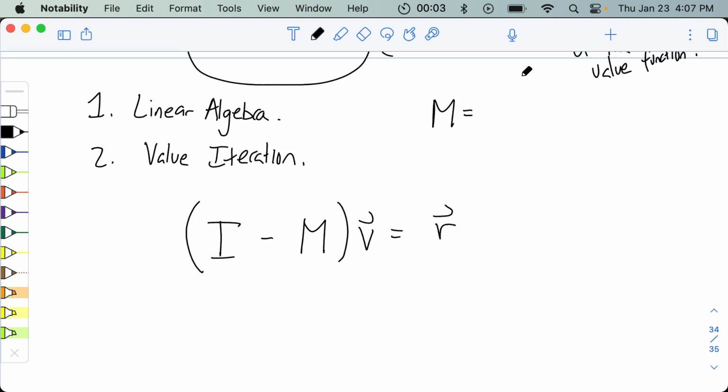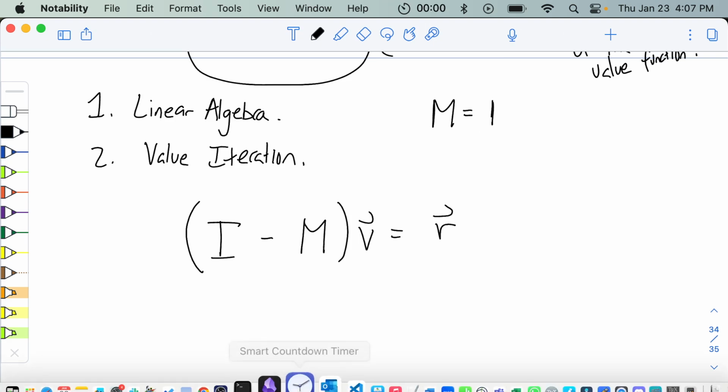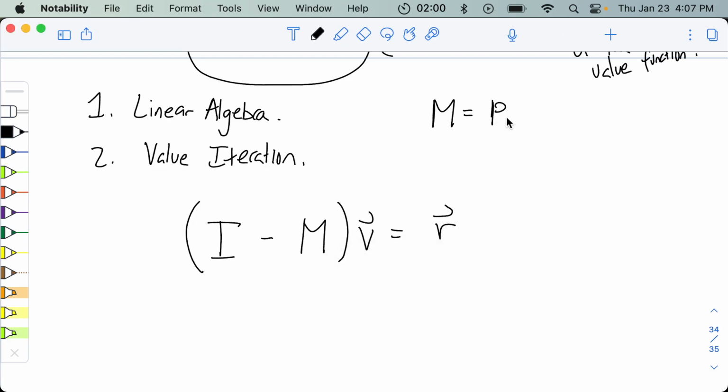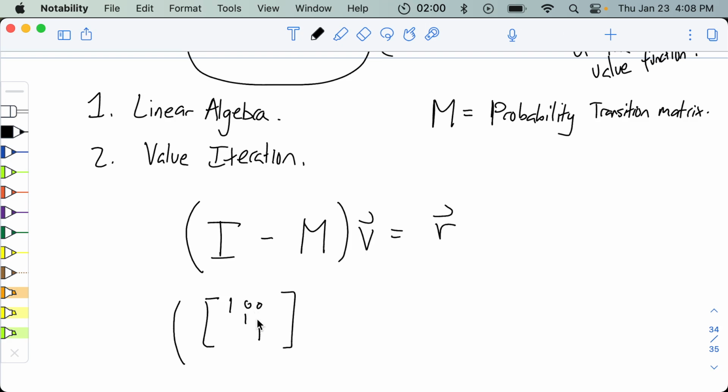I guess I was calling it P at some point, but let's go with M for matrix. And if you write down what these things are, the identity matrix is 1, 1, 1 with all zeros.